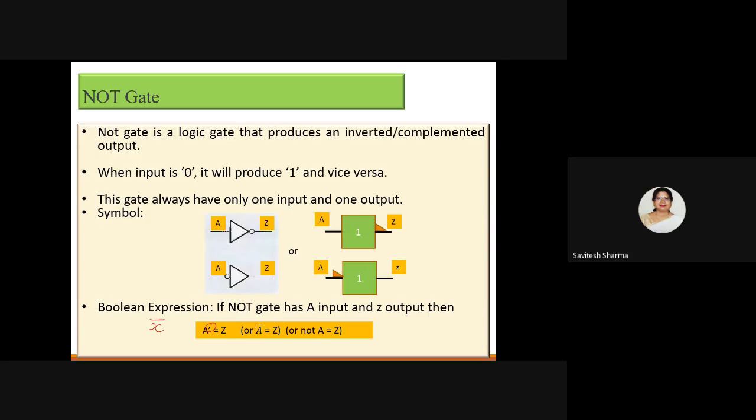Or sometimes if you are writing a program in VHDL or any hardware description language, you may use a NOT keyword. So NOT A represents the NOT gate function. So this is the way to represent the NOT gate in a simulation program.